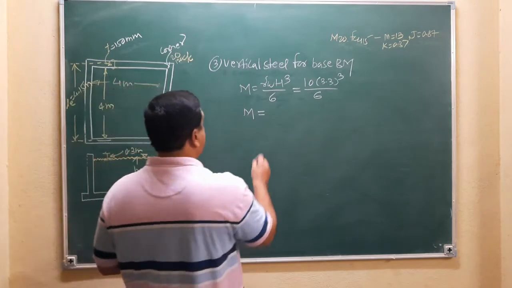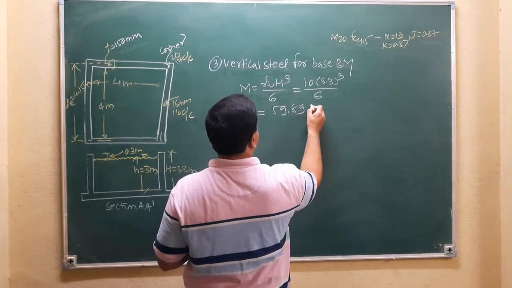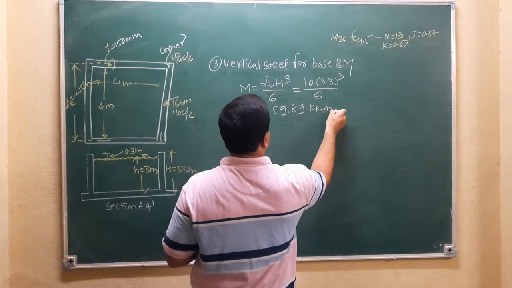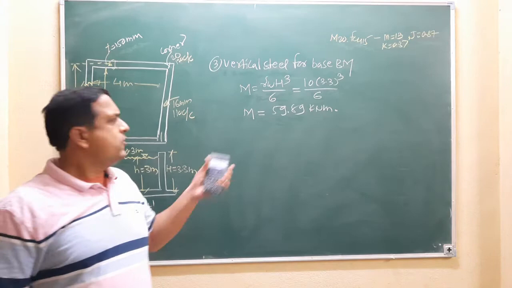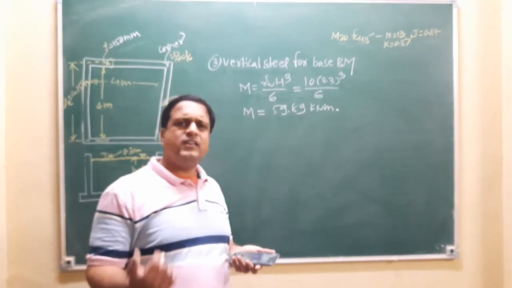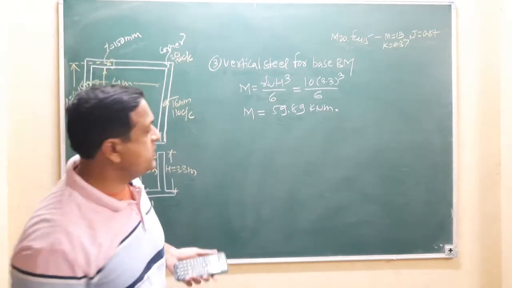So it is 59.89 kilonewton meter. It is very high. And for this bending moment, you have to provide the steel directly.